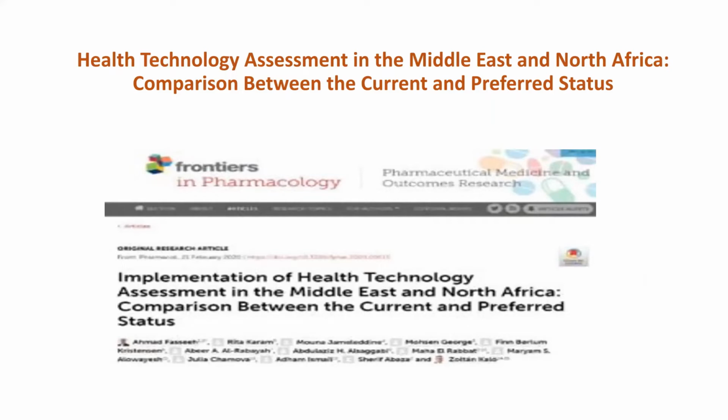This is a very nice study that summarized the situation here in the Middle East. Sorry. So if you remember, I mentioned ISPOR earlier. ISPOR is an international society that is interested in health economics and outcomes research, and we do have chapters in most of the countries in the Middle East.